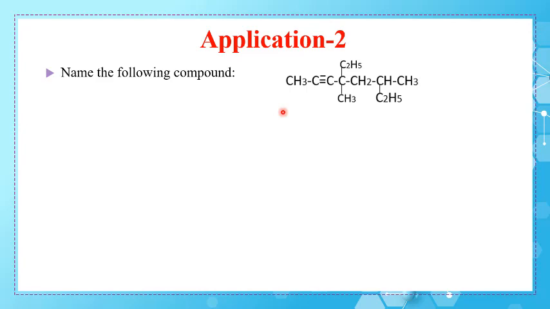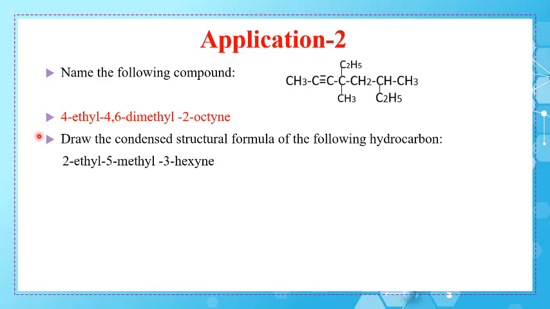We have dimethyl, but we must not take care about di or tri or tetra, etc. So we have ethyl and methyl, so E and M, so we put E first, then we put M. The nomenclature is 4-ethyl-4,6-dimethyl-2-octyne.